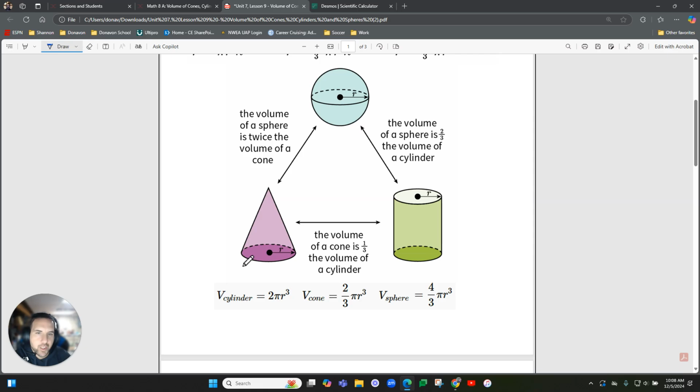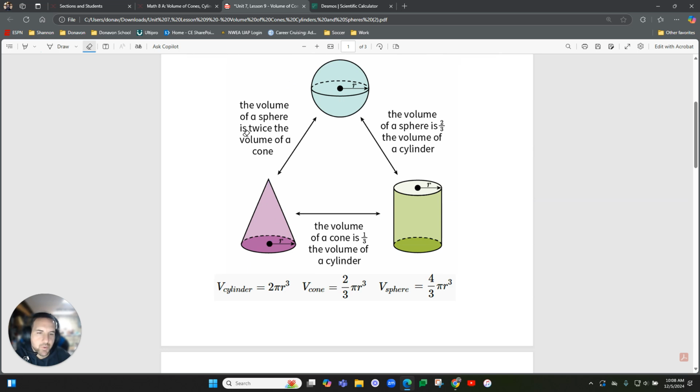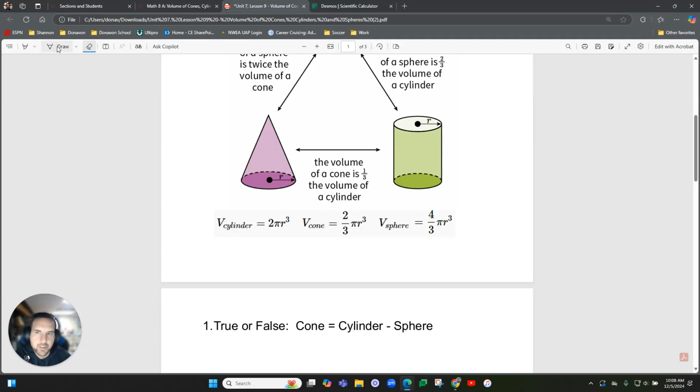So if I know that the volume of a cone is 12 and the radius is the same, so they both have the same radius and this height is the same as the diameter of the sphere, then I know that this sphere would have to have a volume of 24 whatever units cubed, because it's exactly twice the amount. That is a special relationship that they have. So we'll go through some questions where we utilize these formulas.